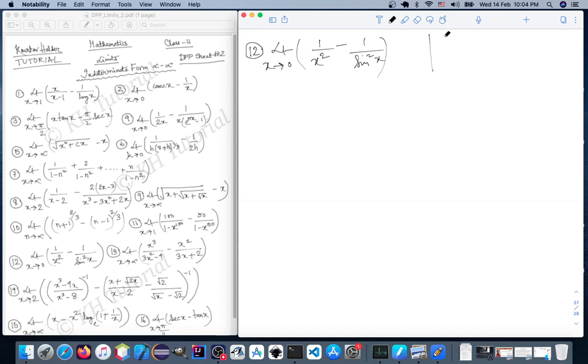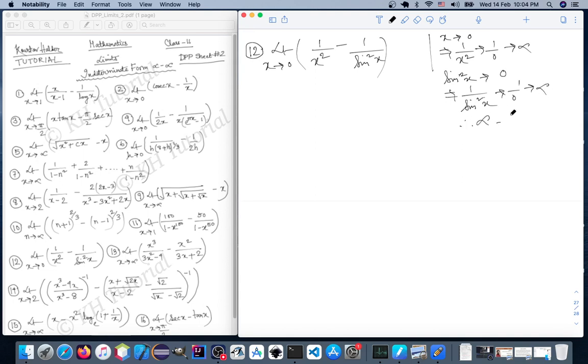So again, x tending to 0 implies 1 by x square tending to 1 by 0 tending to infinity, and sine square x tending to 0 implies 1 by sine square x tending to 1 by 0 tending to infinity.